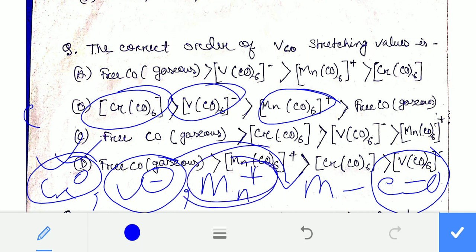Since it is a positive species, it does not have sufficient electrons to donate to the MC bond order, and consequently the CO bond order cannot decrease. So in this compound, that is Mn(CO)6⁺, the CO stretching value will be highest.